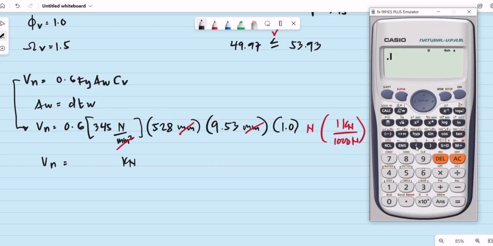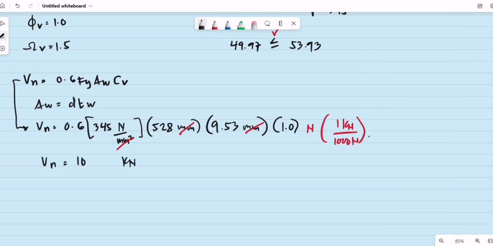So we have 0.6 of 345 multiplied by 528 by 9.53, to be divided by 1,000. So we have 1,041.59, so this is 1,041.59 kilonewtons.